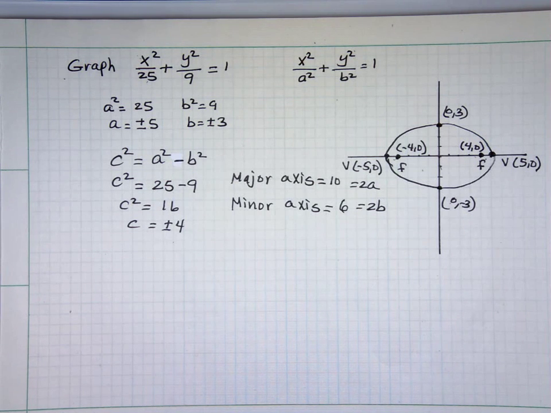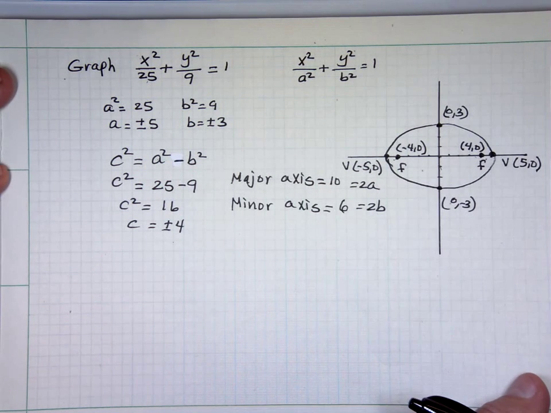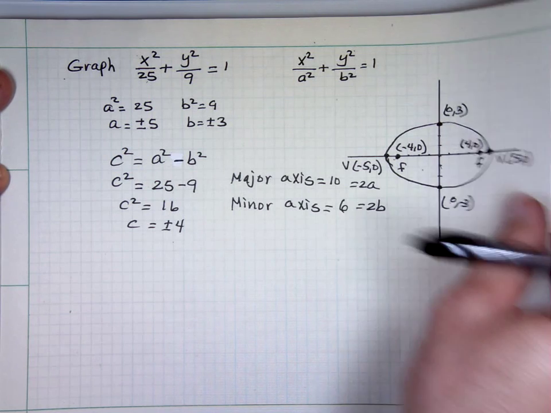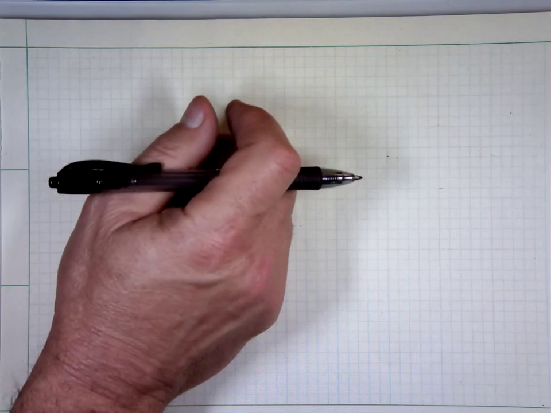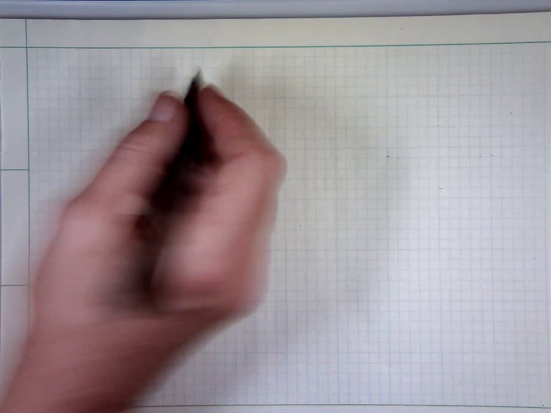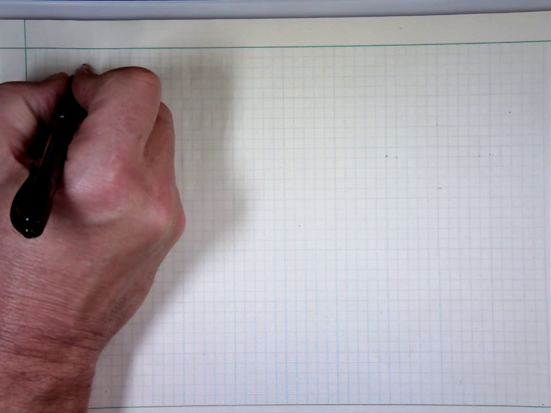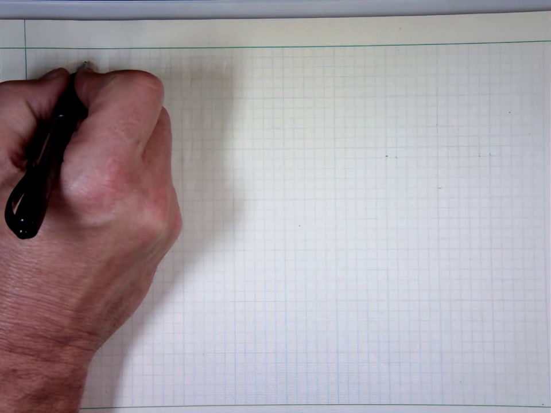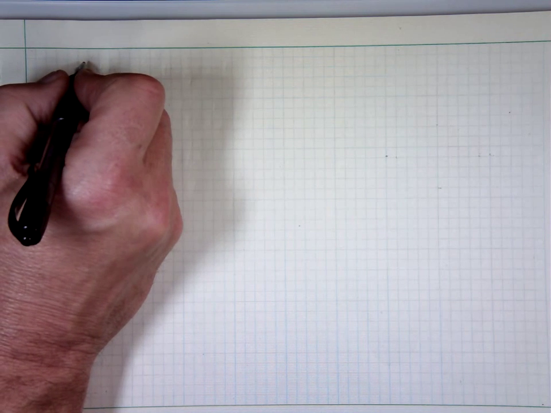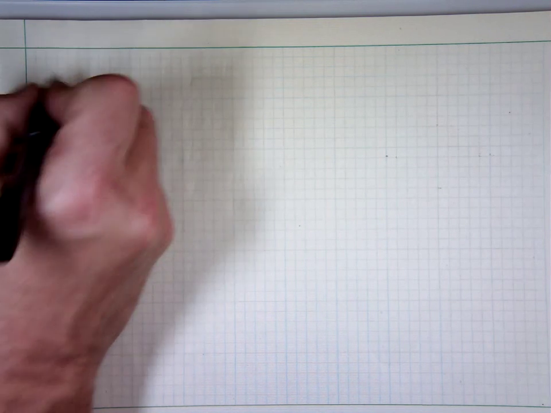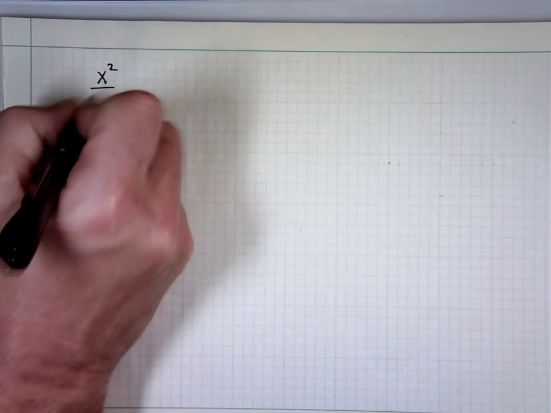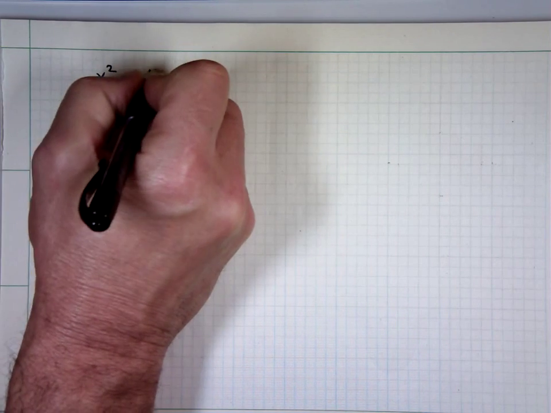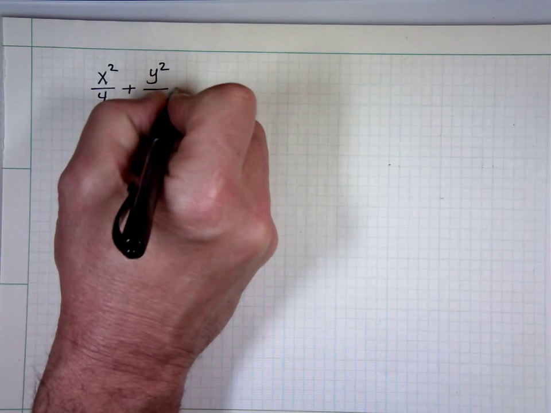Let me try another one. Let's say I have this one. x squared over 4 plus y squared over 9 is equal to 1.